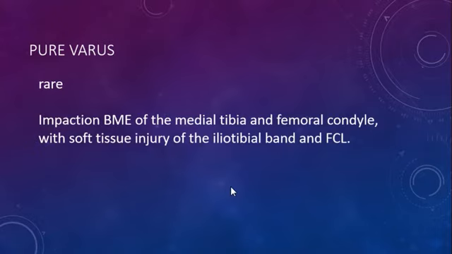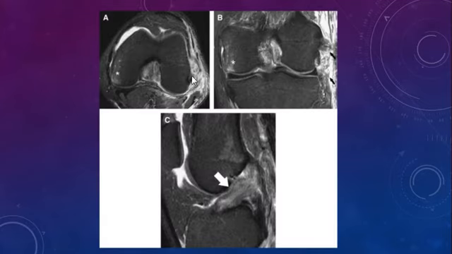Here we have the medial tibial and femoral condyle with soft tissue injuries and the iliotibial band and fibular collateral ligament injuries. As you can see here, there is bone marrow edema at the lateral aspect of the tibia and at the medial aspect of the femoral condyle, and fibular collateral ligament injury.